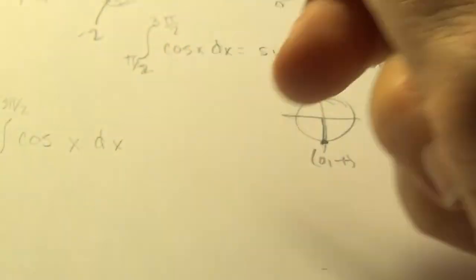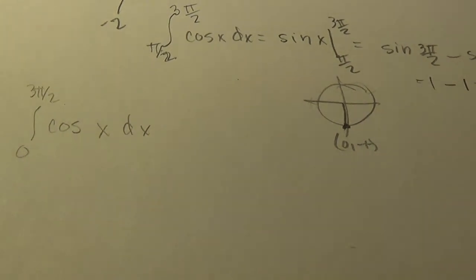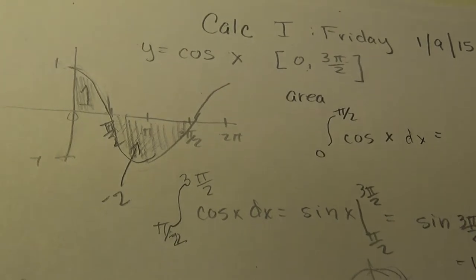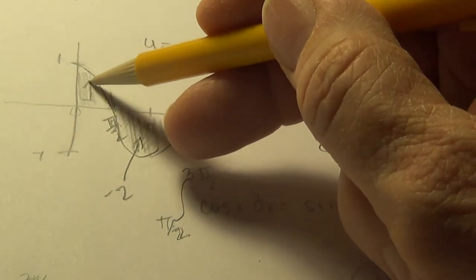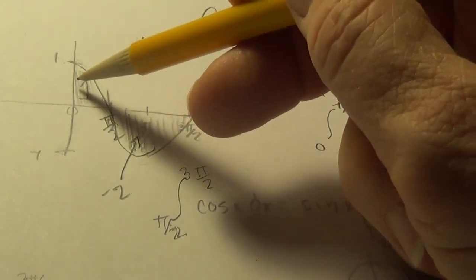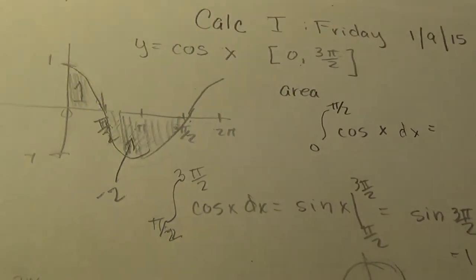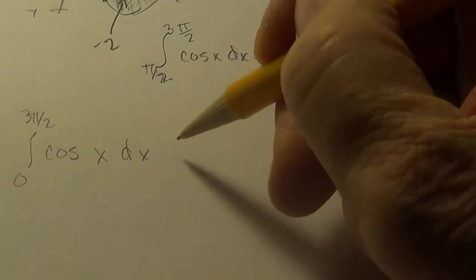So once again, looking at this graph from 0 to 3 pi over 2, are you expecting a positive 1 and a negative 2? Are you expecting the integral to crank out a negative 1? Let's see if our expectations are true.